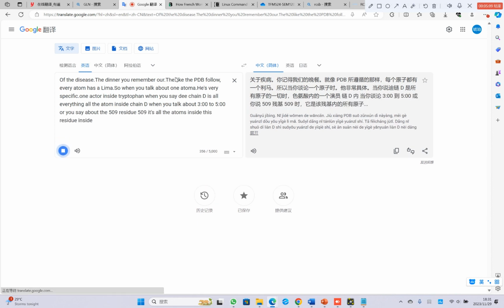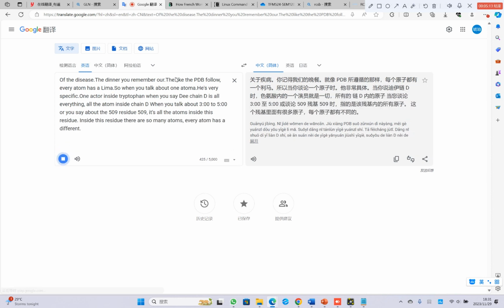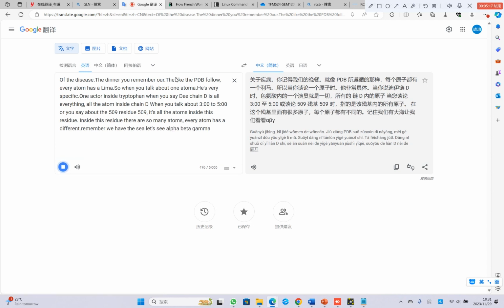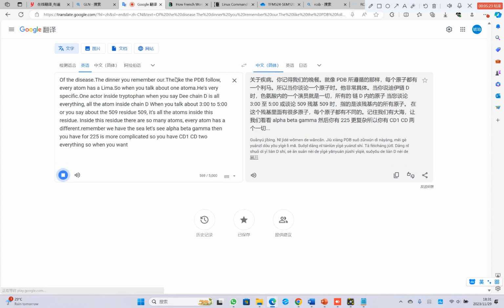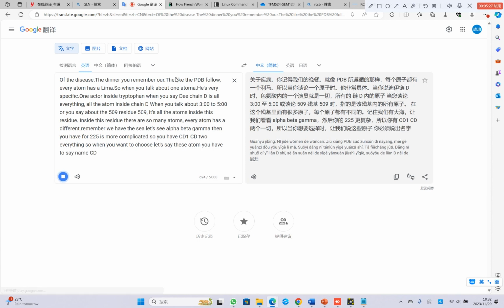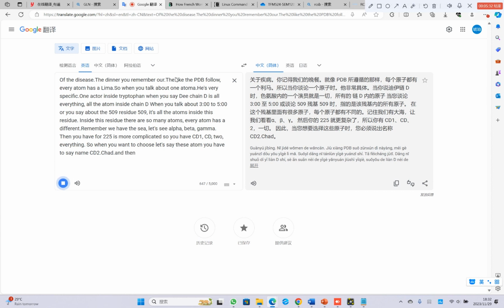Inside this residue, there are so many atoms. Every atom has a different name. Remember, we have the C, then C alpha, beta, gamma. Then for tryptophan, it's more complicated, so you have CD1, CD2, everything. So when you want to choose, let's say, this atom, you have to say name CD2, chain D, and resn TRP, in order to choose this atom.